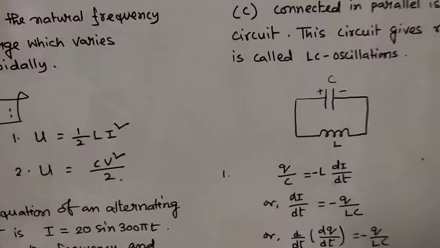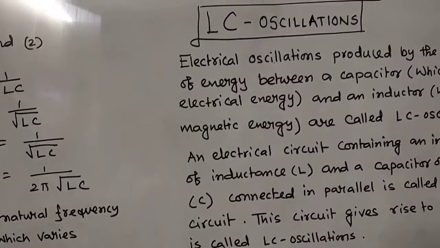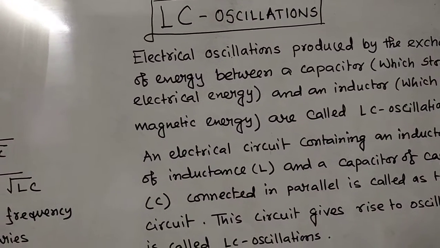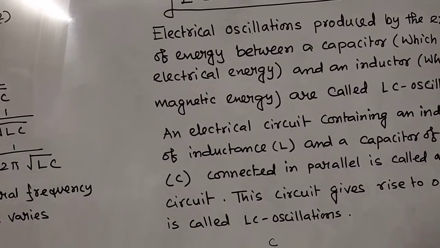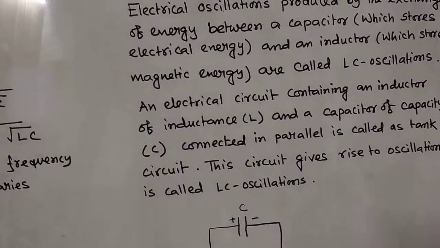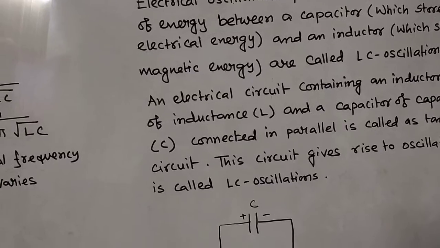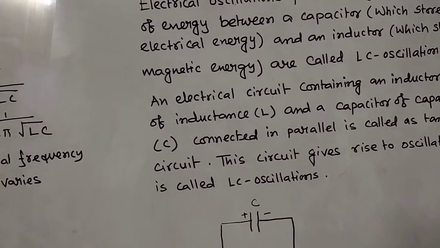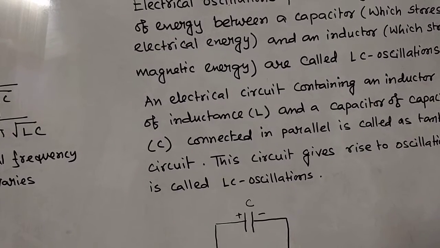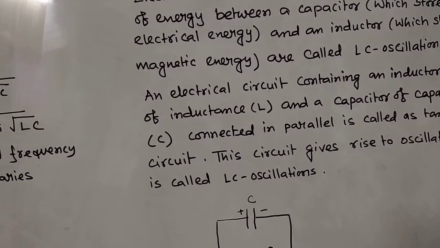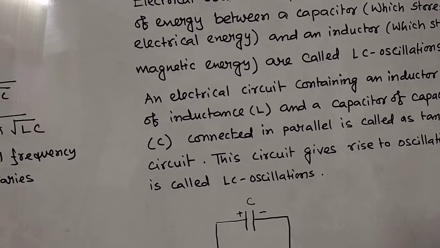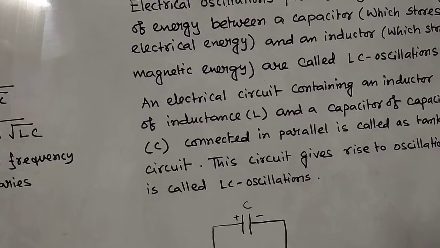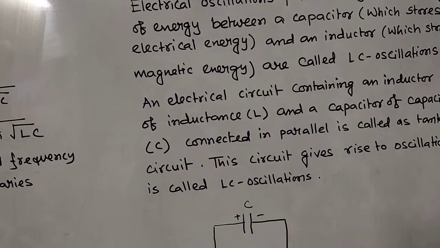So this is one important parameter of LC oscillation, and here the exchange of energy occurs from electric energy to magnetic energy, and from magnetic energy to electric energy. When the capacitor is fully charged, it starts discharging, and as a result current starts flowing. So energy stored in the capacitor decreases, whereas the energy stored in the inductor increases. When the capacitor has zero energy, the magnetic energy is maximum.